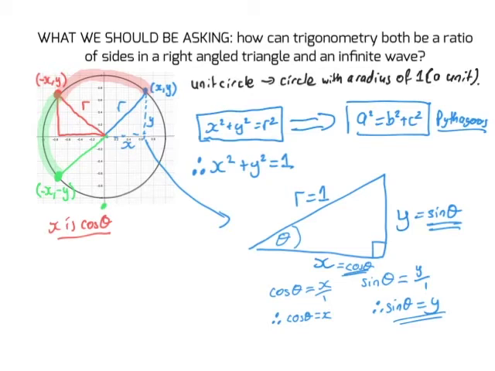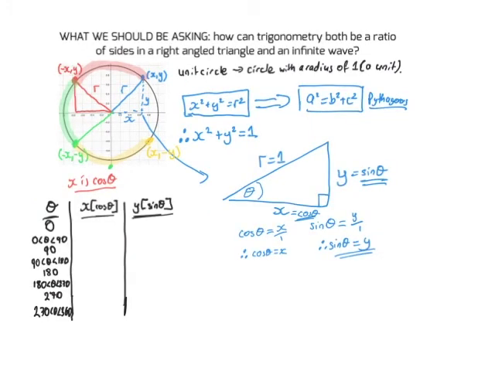But remember, x and y are cosine theta and sine theta. So both cosine theta and sine theta will be negative. I can then keep going round and round. And in the next quadrant, so between 270 degrees and 360 degrees, I am back to a positive x, but a negative y.